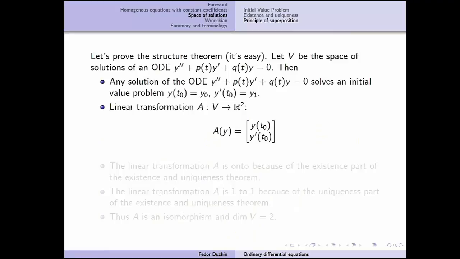Now, let us construct a linear transformation from the space of solutions of our differential equation to the two-dimensional coordinate space. So, again, in our simple example, y double prime minus y is 0.